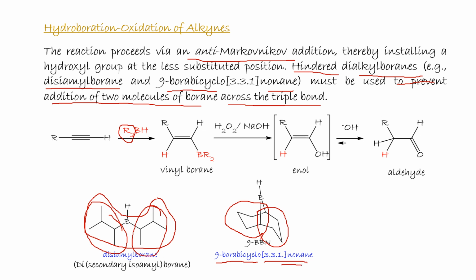So using the bulky borane, we'll add one molecule, so H and BR2, to give vinyl borane, which upon oxidation with hydrogen peroxide in base will give the vinyl alcohol enol, which tautomerizes under basic condition to the aldehyde.